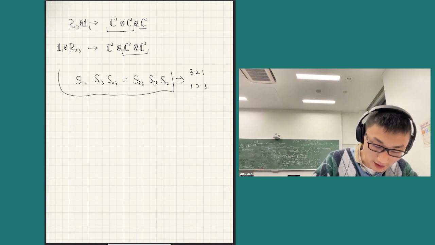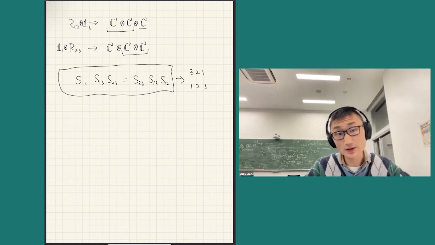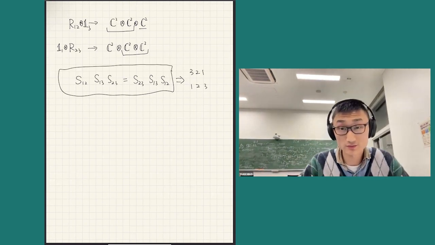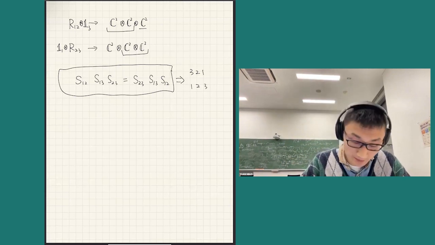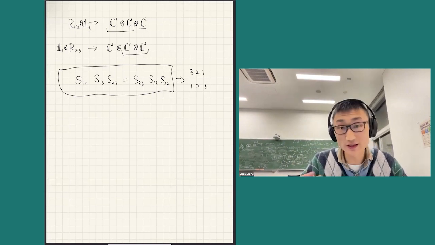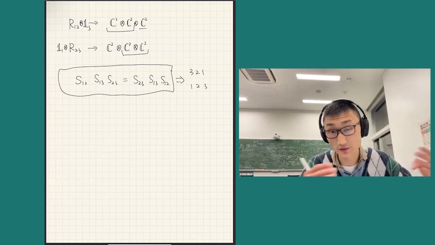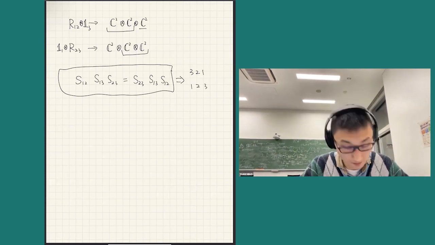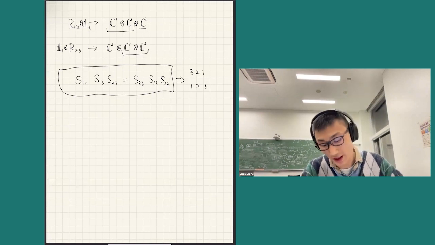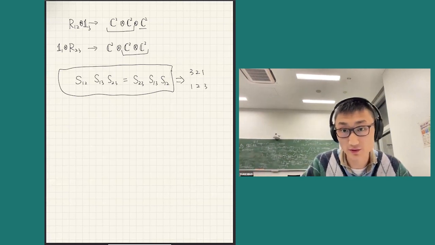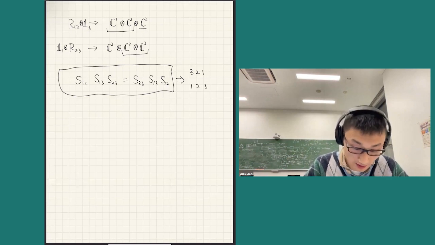And these are essentially the products of all these S matrices. And if they equal each other, it means that it doesn't matter what the order of the scattering processes is. And it also means that the three-body scattering can always be factorized into two-body scattering.